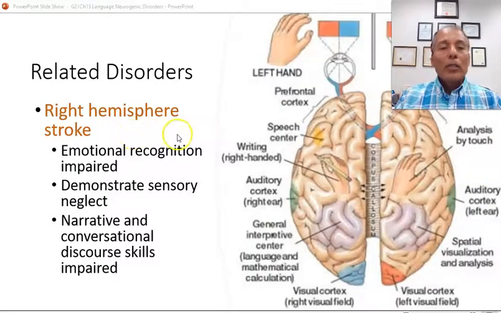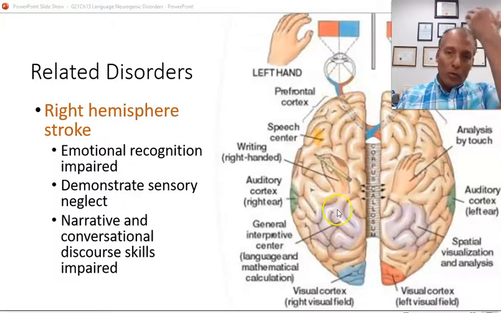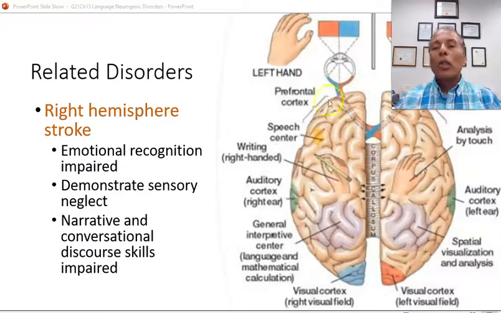Right hemisphere disorder is caused by a right hemisphere stroke. So the right hemisphere, in terms of motor functions, controls the left side of the body for the most part. So your left eye here, movement and acuity and so on, is controlled by the right hemisphere.